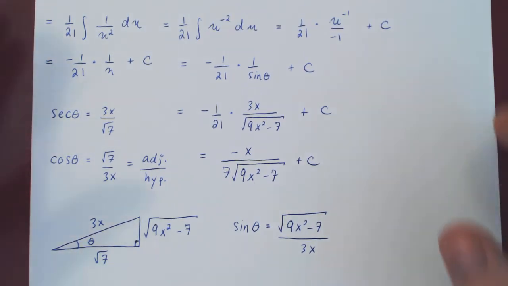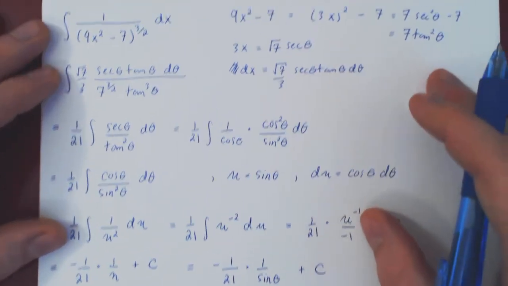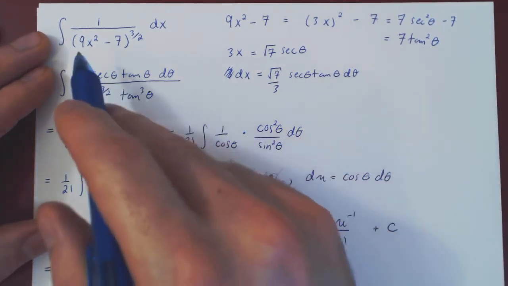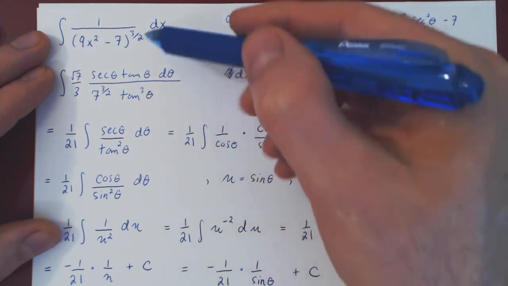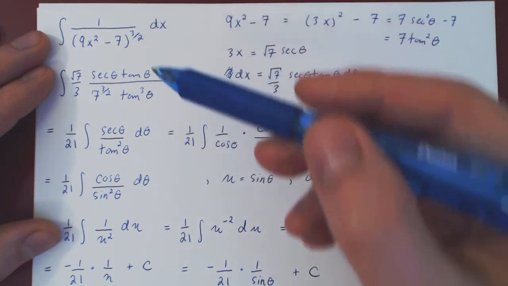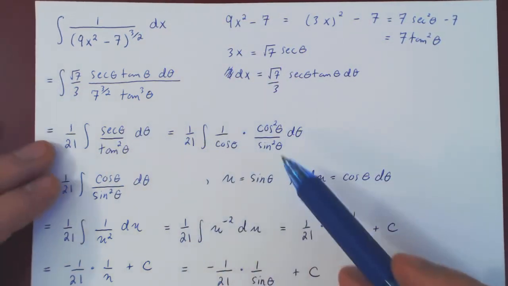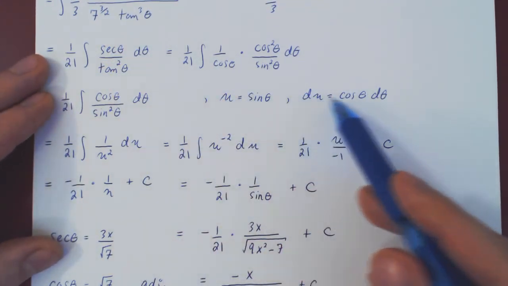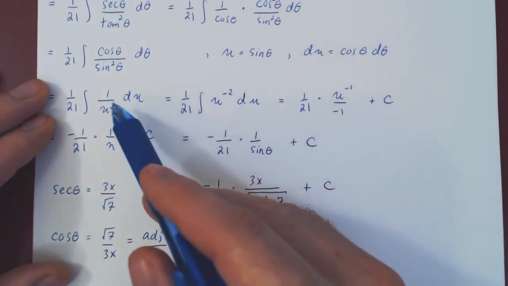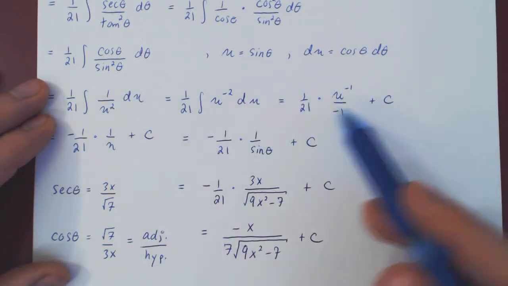And again, what was interesting about this problem is we had to make two substitutions. The first one was a trigonometric substitution, which transformed the original integral into a trigonometric integral. And to find this new integral, we had to make a u substitution, which led us to a fairly simple integral.